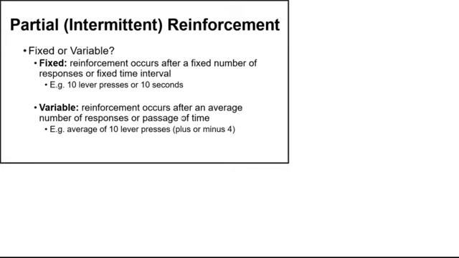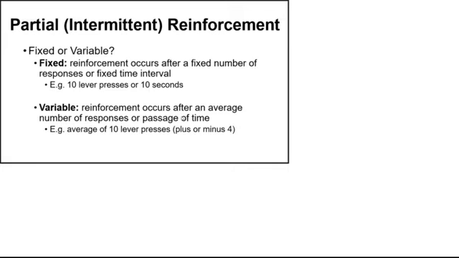That would be a fixed schedule of reinforcement because it's always on that 10th lever press. Or maybe after 10 minutes have elapsed, the first time they press the lever after that 10-minute time period, the rat would get food. They still need to make the response, but getting food or not is based on how much time has passed. Because we have that hard limit of 10 minutes, it's a fixed schedule.